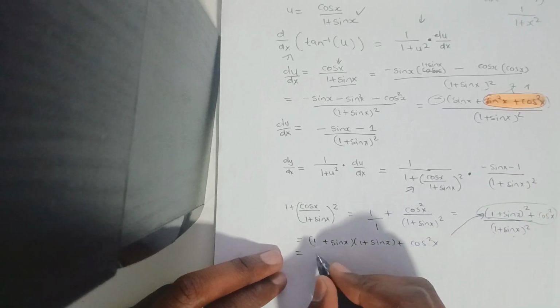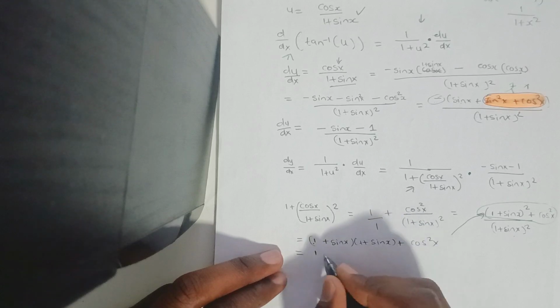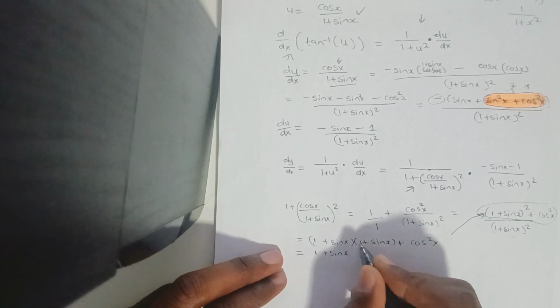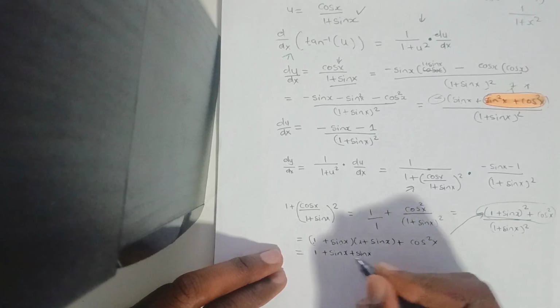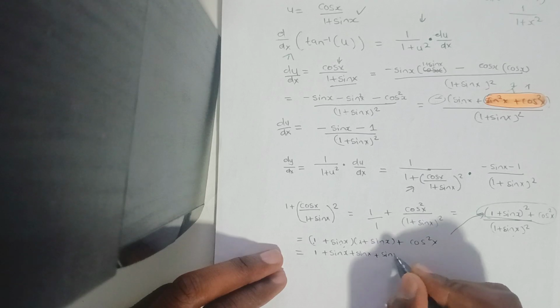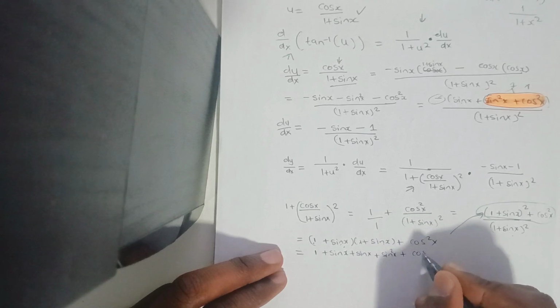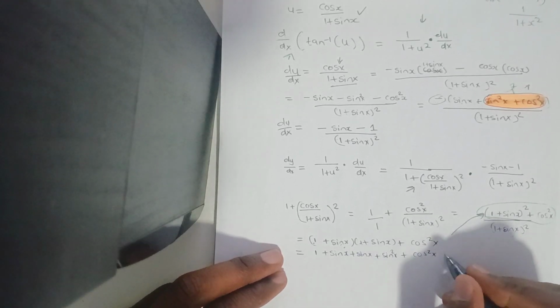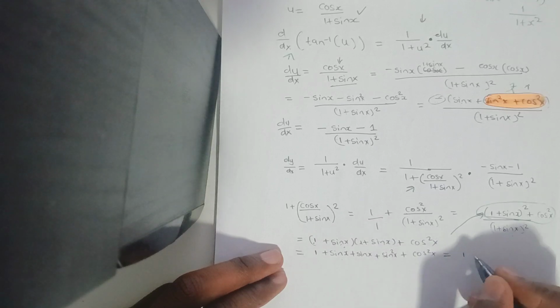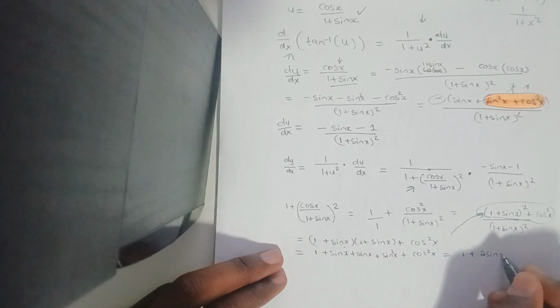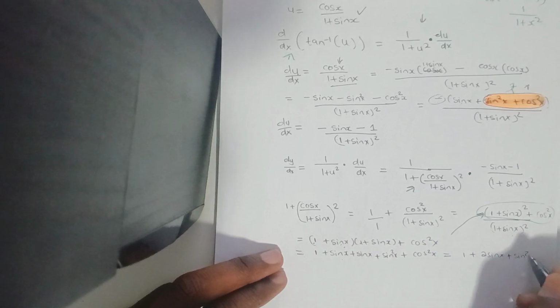Now, 1 is to this 1 plus sine x plus sine x plus sine x squared plus cos square x, right? Then this one is 2, then it's 1 plus 2 sine x plus sine square x plus cos square x.